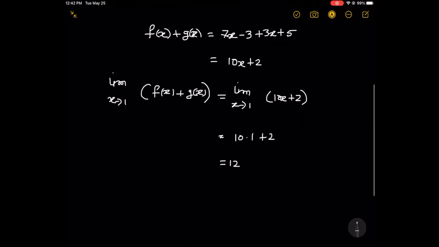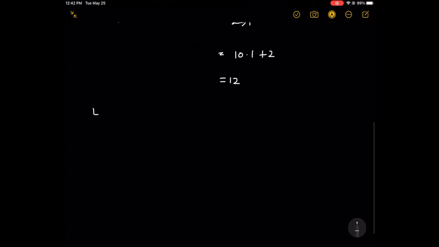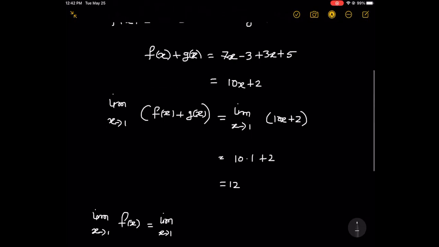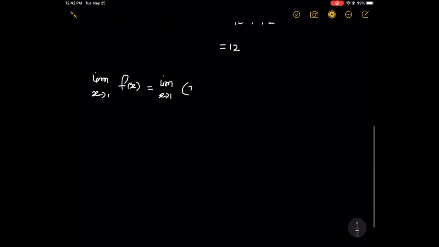Yeah. Okay, now let's do it for the right hand side. So limit x tends to 1 for f of x, which is limit x tends to 1 of the function again, 7x minus 3. Since it's a linear function, we can straight away plug in again. So 7 times 1 minus 3, which gives us 4.